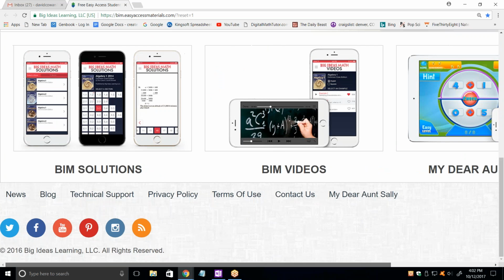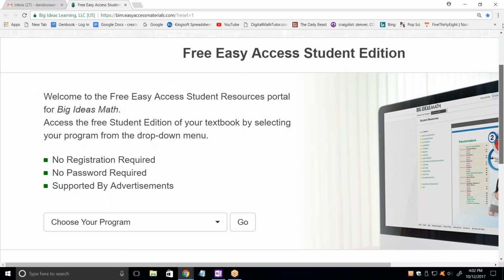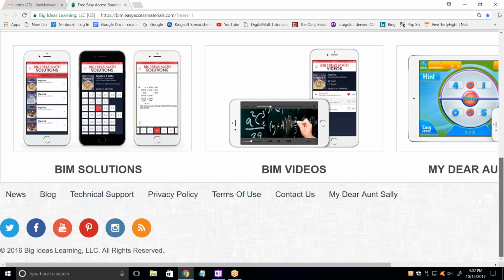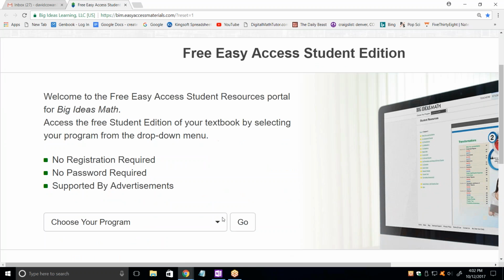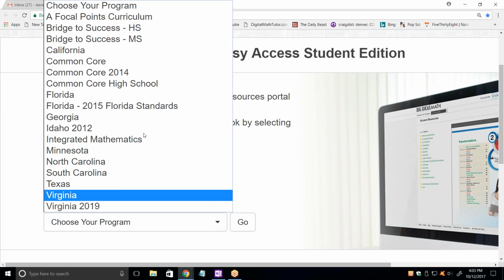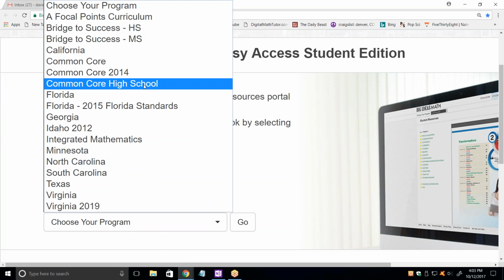Remind me. So it's go up to the selection bar at the very top. Down just a tiny bit. Choose your program. That's now I'm with you. Common Core, high school, right?